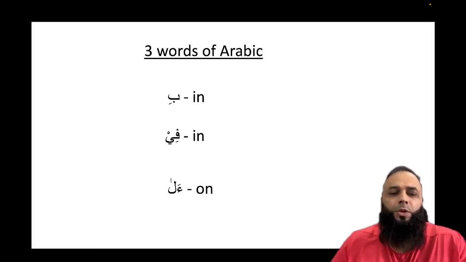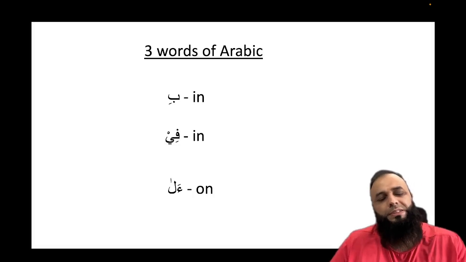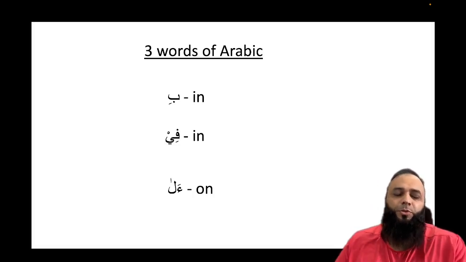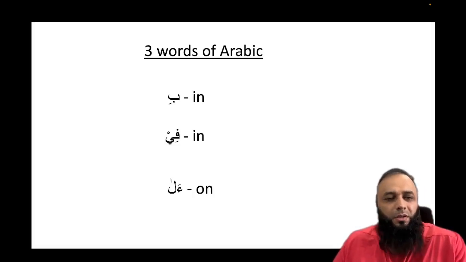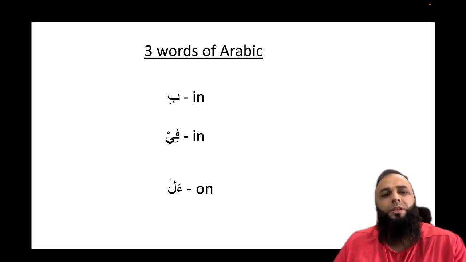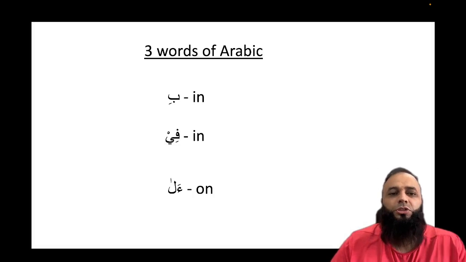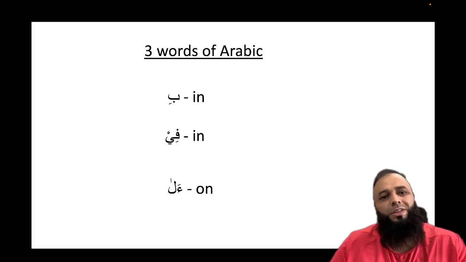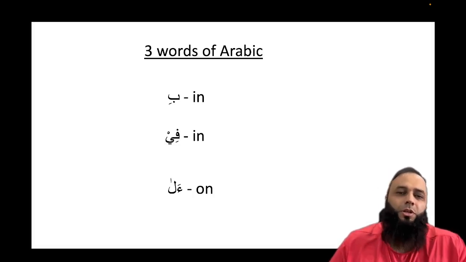And in today's video, we are going to learn three new words of vocabulary, specifically prepositions. Let's just learn the words and then we will look at how to make conjugation with them. So the three words are bi, which means in, and then fi, which also means in, based on the context of the sentence and the word.